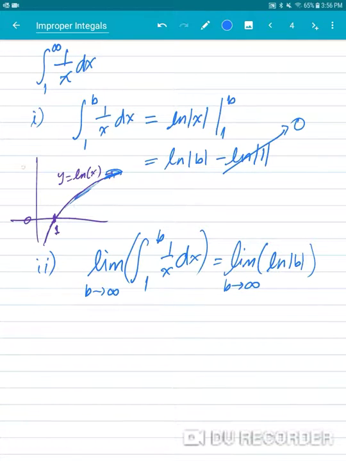It's very slow, but it goes to infinity. As b goes to infinity, natural log of b goes to infinity also, slowly. So this is infinity. What does that mean? That means that the integral from 1 to infinity of 1 over x dx is divergent.